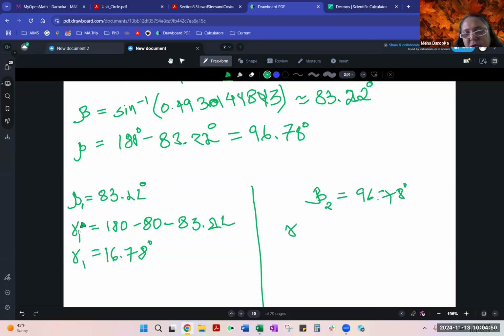Now, gamma 2 for the other angle would obviously be the same thing, 180 degrees minus 80, and then minus the 96.78.